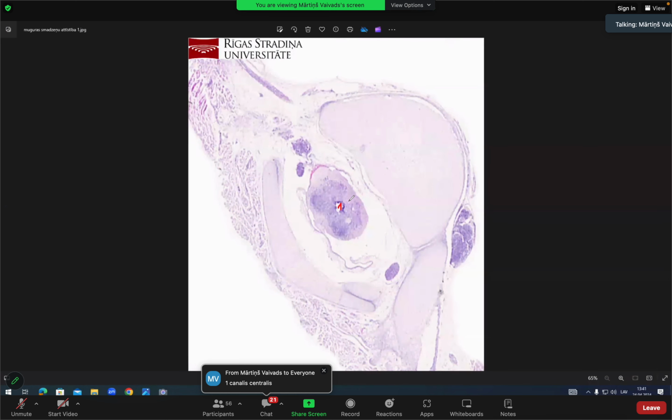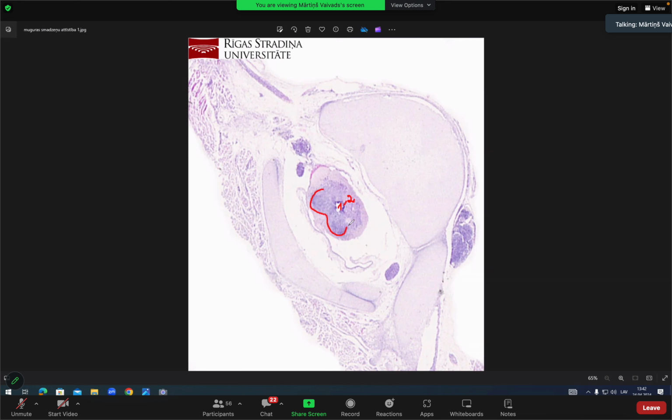The same orientation as in the previous slide. 2, you see dark stained cells, number 2, ventricular zone. Again, same idea, dark staining cells around the central canal, that's the ventricular zone.